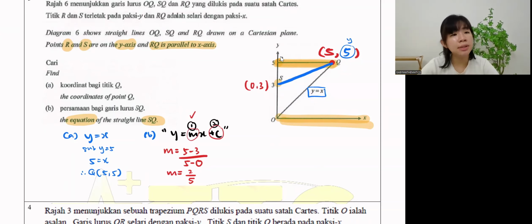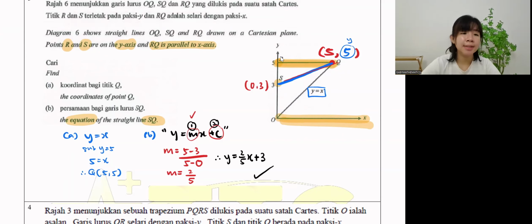C. Is c given? c is the y-intercept. Yes, it's given. Is it on the line we want? Okay, c is this one, it's 3. So you don't have to do anything, you have the answer ready. The c is 3. So you just have to arrange one more time: y equals 2 over 5 x plus 3.